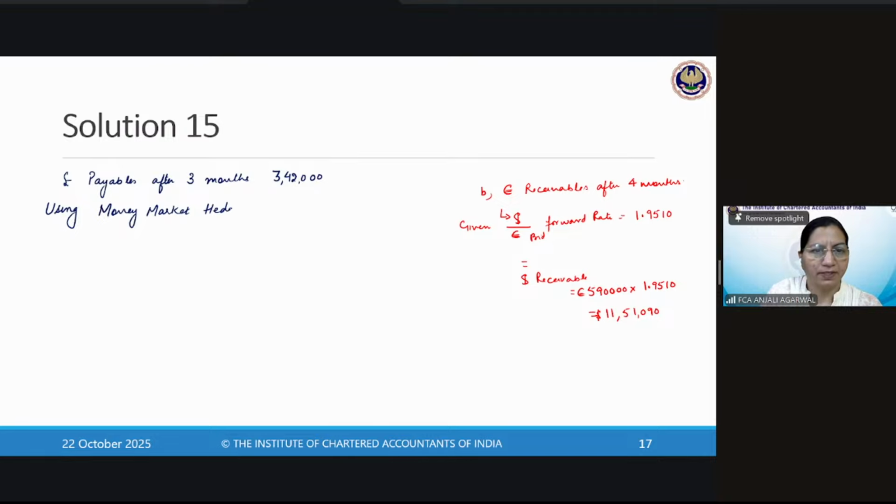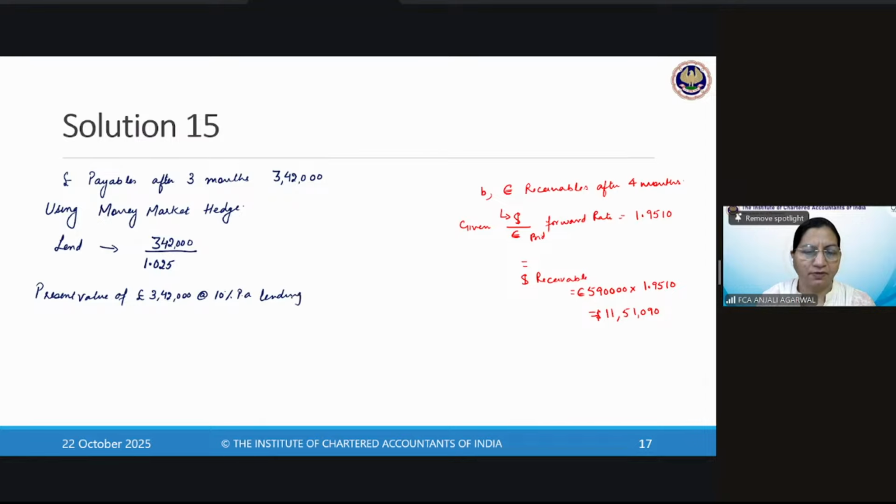So in order to use money market hedge, lend 3,42,000 divided by 1.025. Is it agreed? The present value of pound 342,000 at 10% per annum lending rates or investing rates in UK.